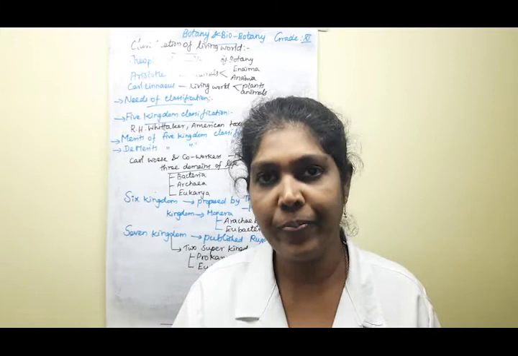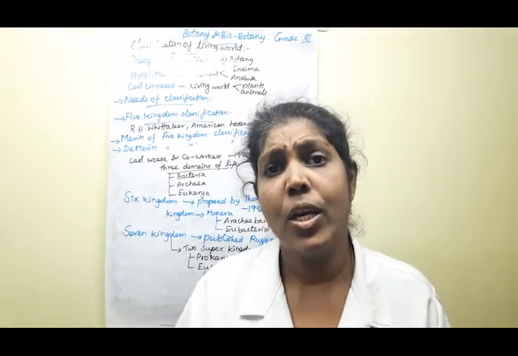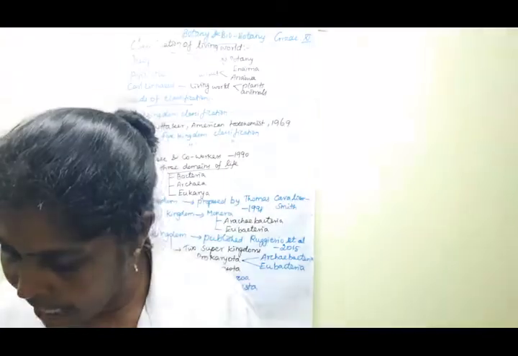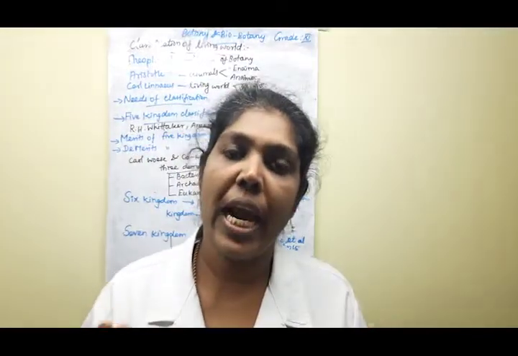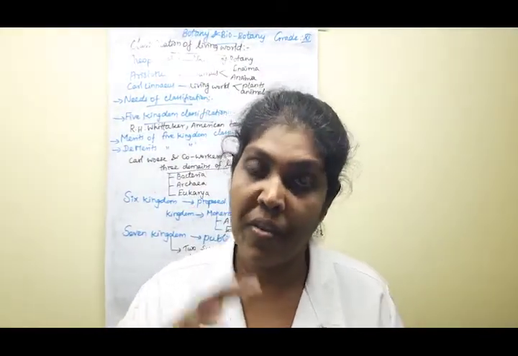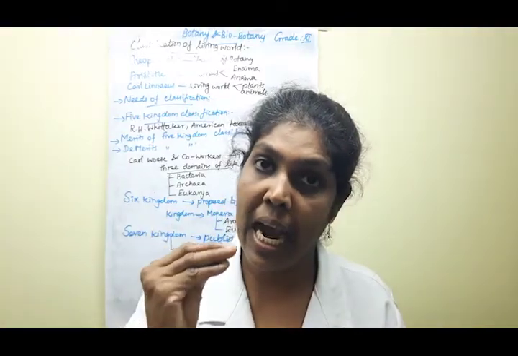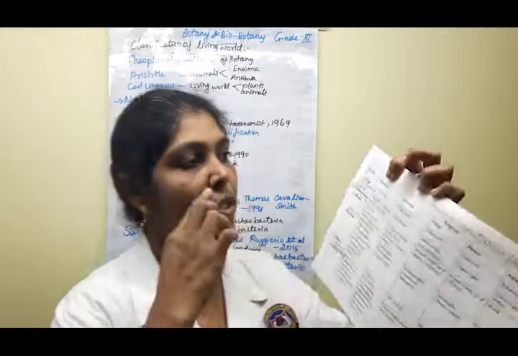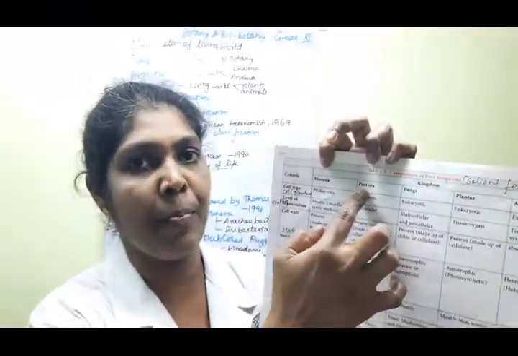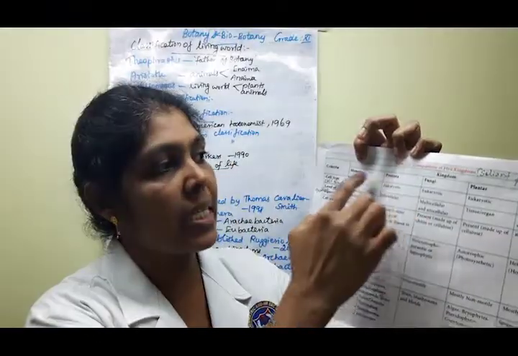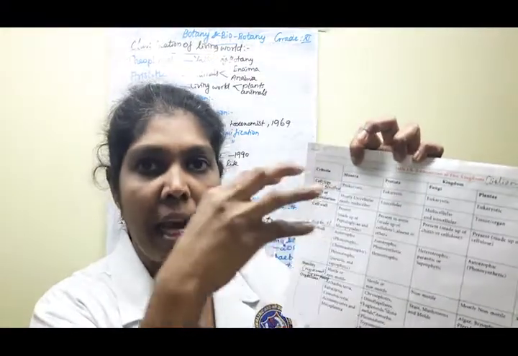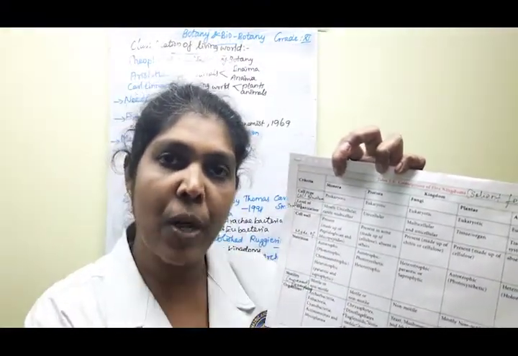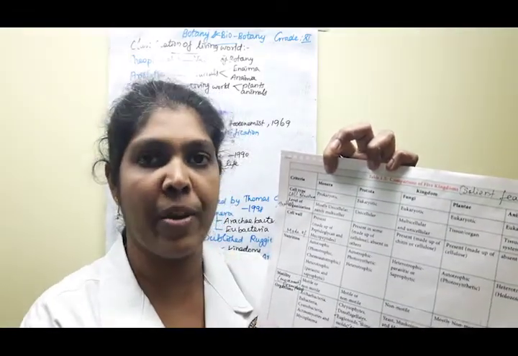The first one: most of them are autotrophic and heterotrophic organisms. If we look at the first two kingdoms, Monera and Protista, in these two kingdoms he could not differentiate the autotrophic mode of nutrition and the heterotrophic mode of nutrition.